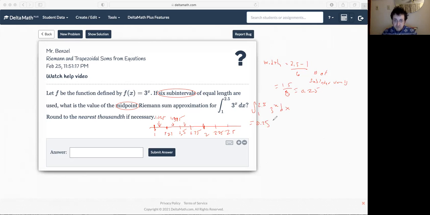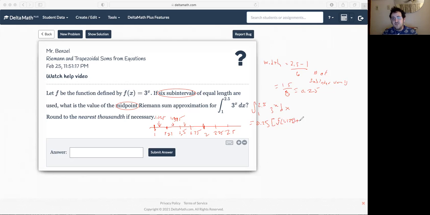And just to save us a little time, I'm just going to use function notation. So we're going to have 1.125 plus, and we're just going to go up 0.25 each time.